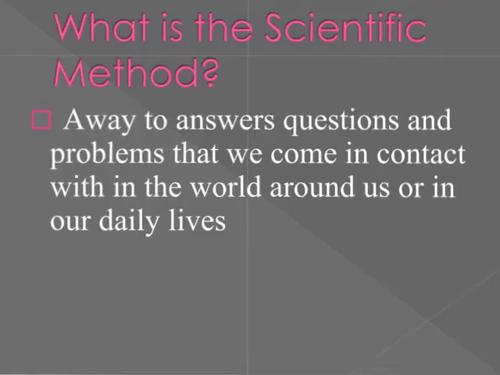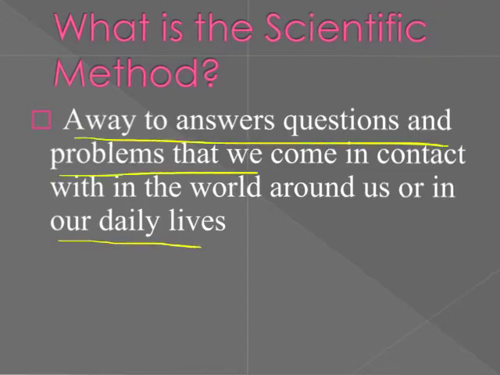So what is scientific method? It's a way to answer questions and problems that we come in contact with in the world around us or in our daily lives. This part in the white is what you're going to write on the top flap of your foldable.